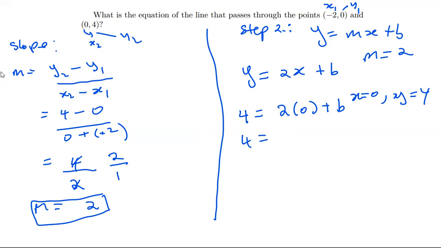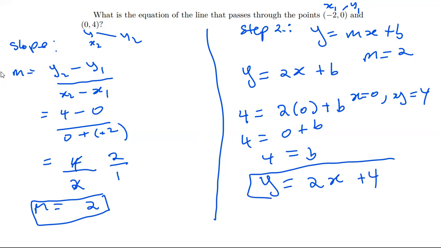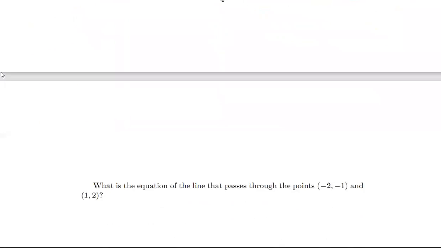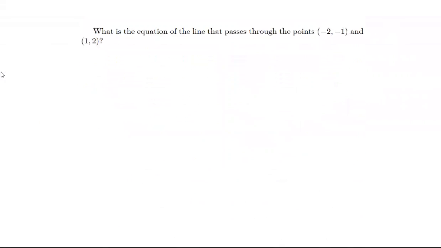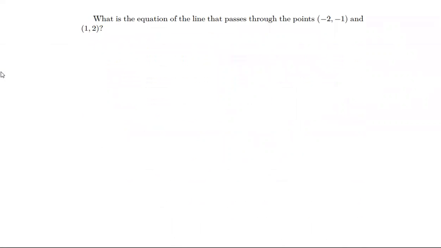So 4 is equal to 0 plus b, or just b is equal to 4. Okay. And so this tells us that our equation is y is equal to 2x plus 4. Okay, good. And let's just hop on and do one last problem, which is going to be fun, I guess.